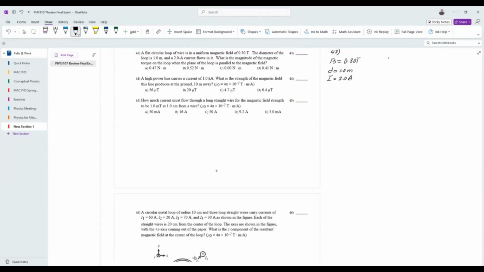So the loop is just a circular loop. If the plane of the loop is parallel to the magnetic field, so let's say that the current flows through this loop in this way, this is the current, then the magnetic field will be like this.